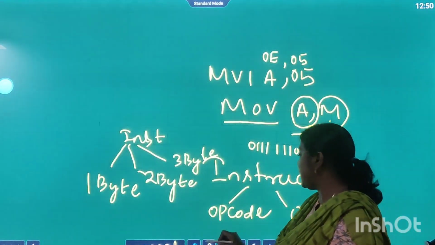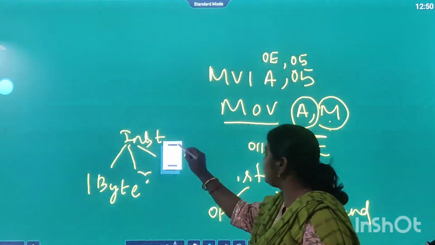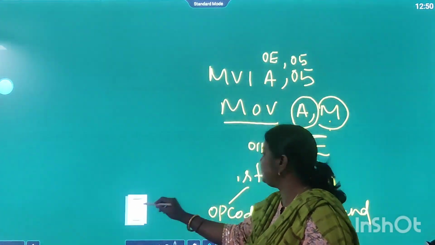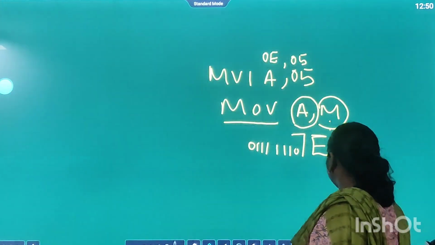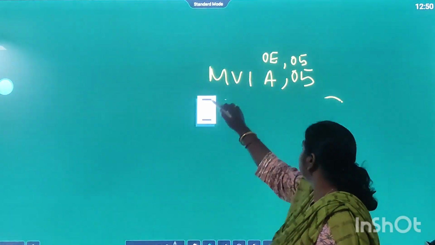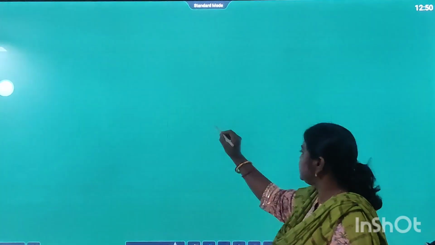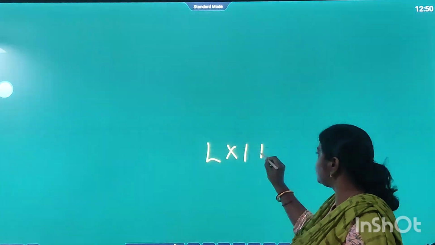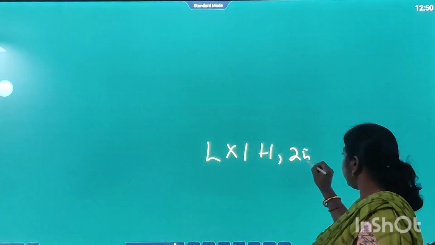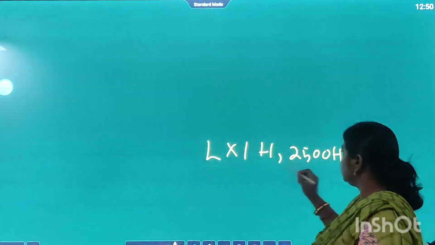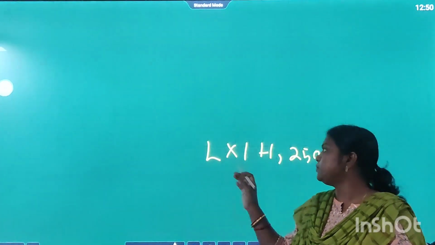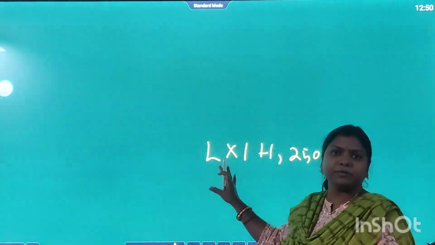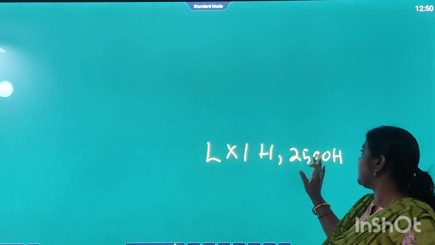Other instructions are also there whose machine code is 24 bits long. They come under the category of 3 byte instructions. For example, LXI H, 2500H. This instruction means load the HL register pair with the memory address 2500.